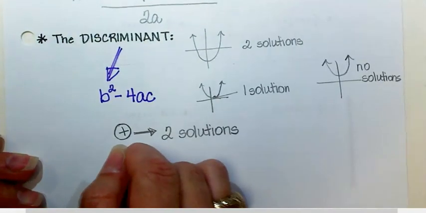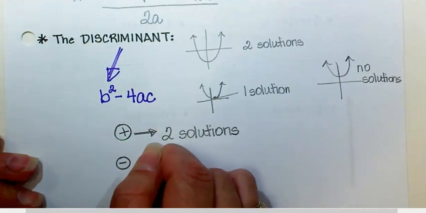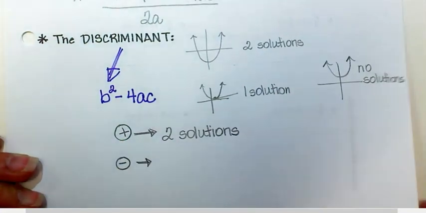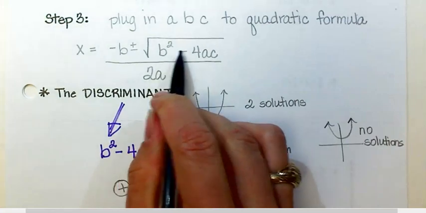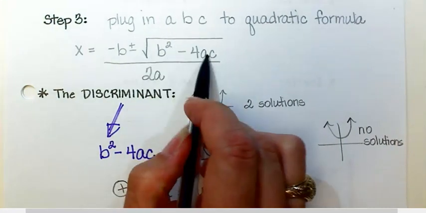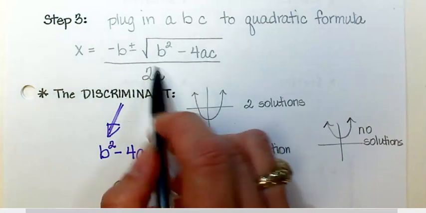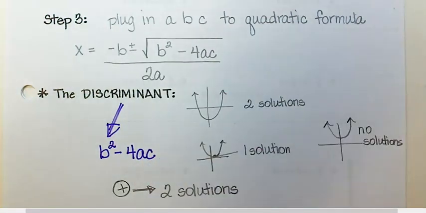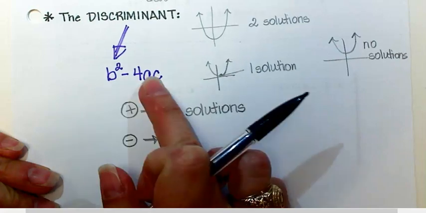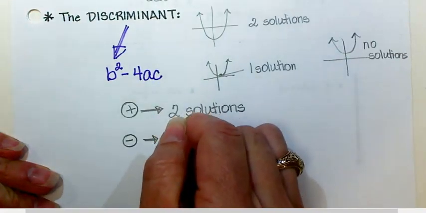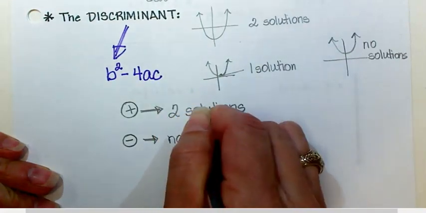If the discriminant is negative, there will be no solutions at all. Why? Because if b squared minus 4ac gives you a negative number, you can't take the square root of a negative number. You don't get a real number if you try to take the square root of a negative. So if b squared minus 4ac is negative, you have no solutions.